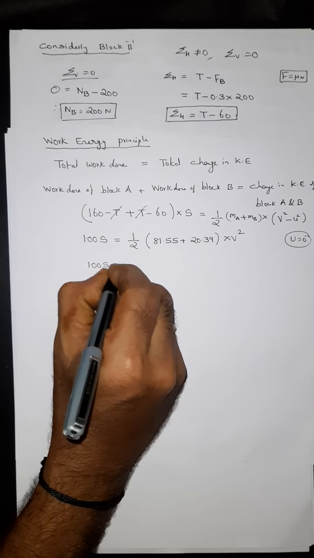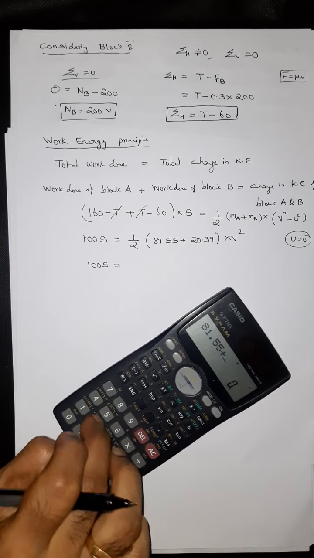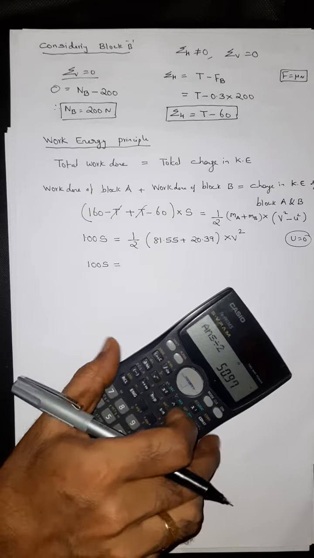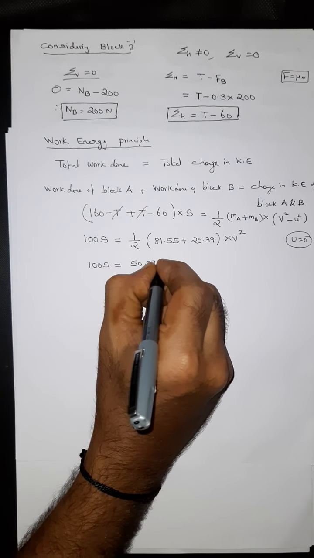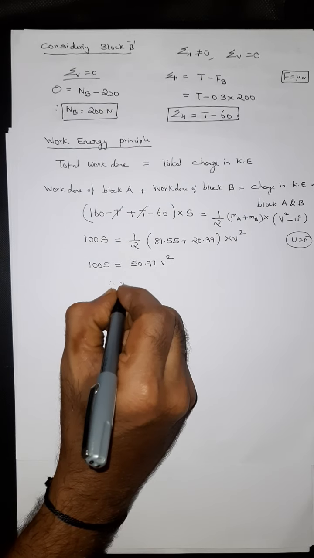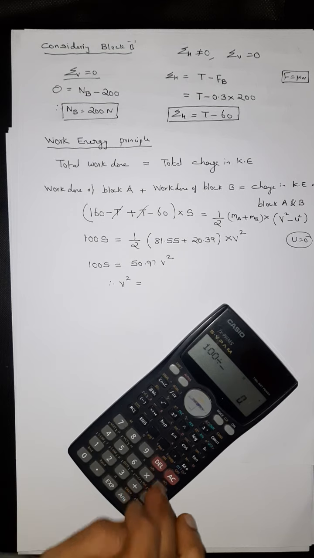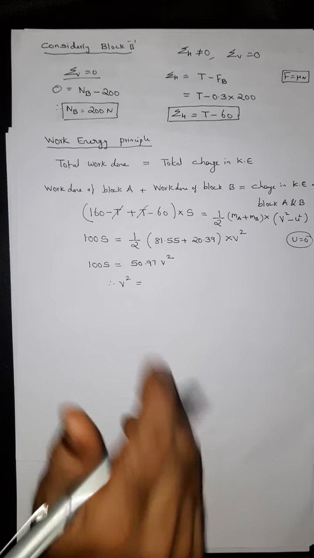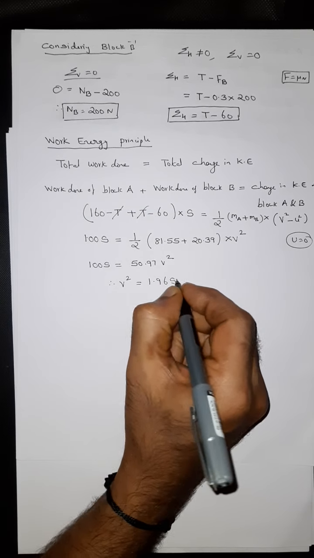So 100 S equal to 81.55 plus 20.39 divided by 2, 50.97 V square. Therefore, V square equal to 100 divided by 50.97, 1.96. Yes.